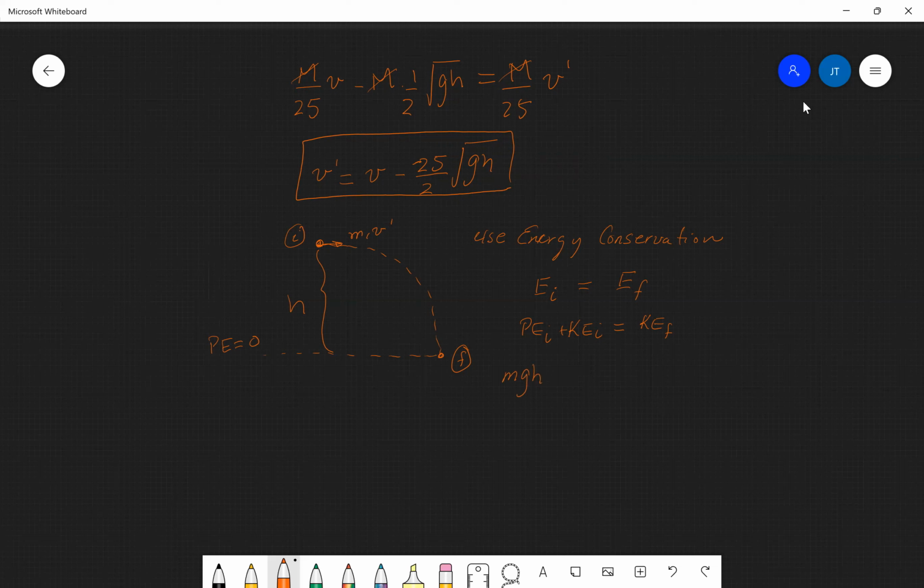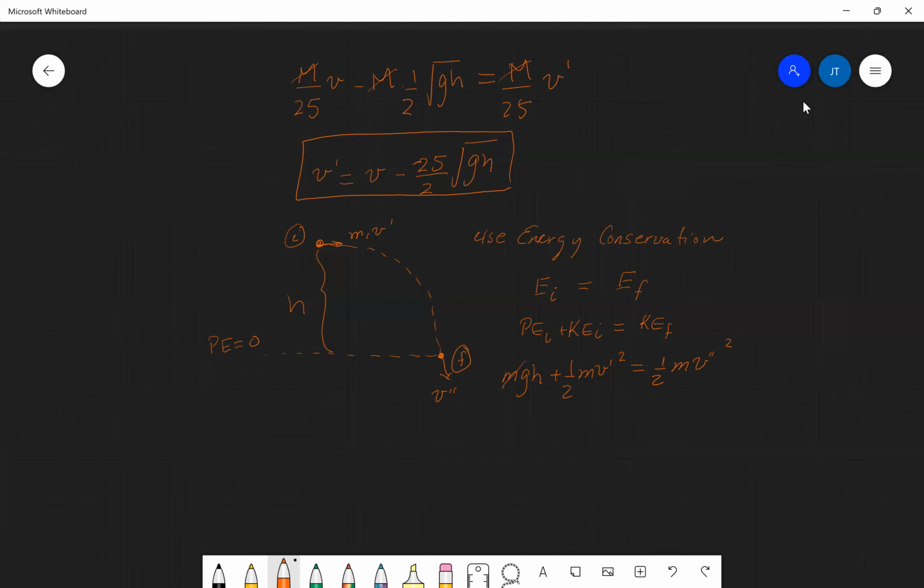mgh for the potential energy initial plus 1/2 mv prime squared equals, here let's assume it's moving at say v double prime, will be 1/2 mv double prime squared.